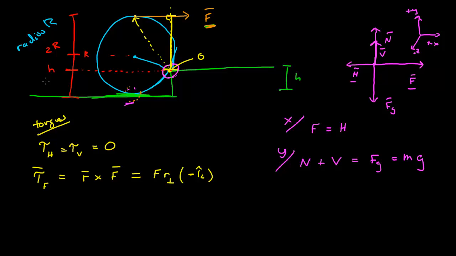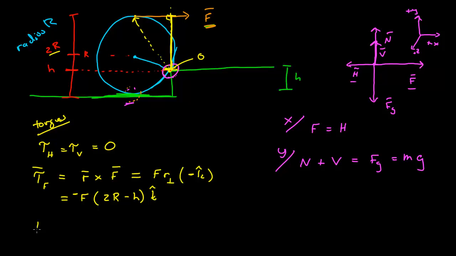And so this yellow line, the lever arm that the pushing force acts along, is going to be twice the radius, this full length, minus the height of the step. So the torque due to the force is F times 2 times the radius minus h. And it's in the negative k hat direction.